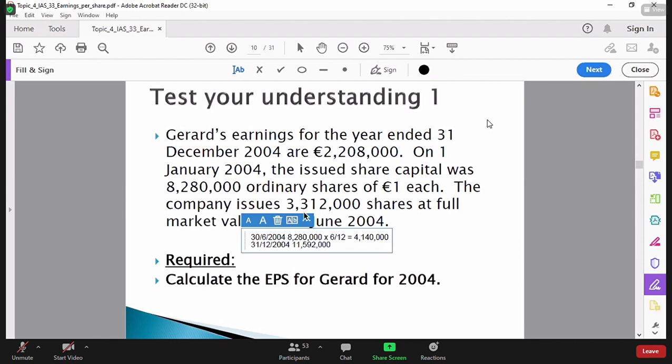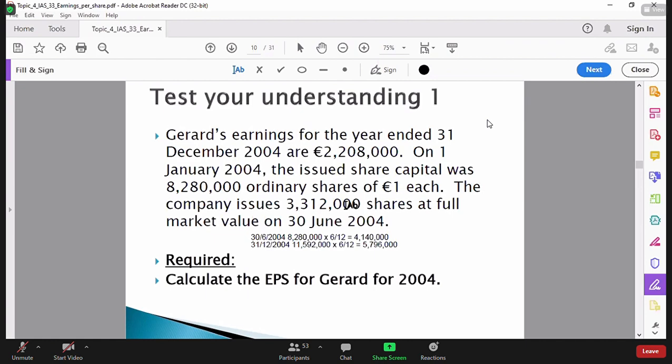Then you have to multiply with 6/12 also. So you will get how much then? 5796 million. So can you now calculate the total number of ordinary shares yang you ada? 9936.